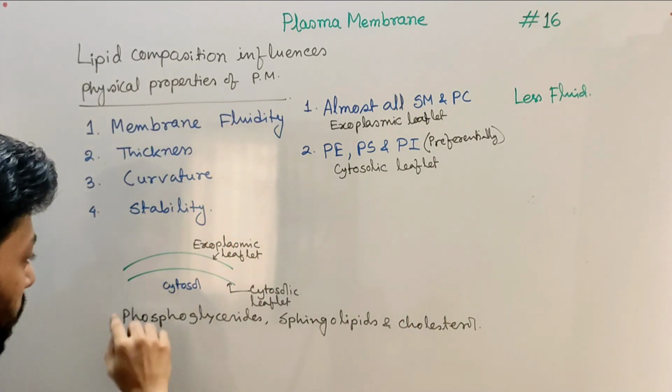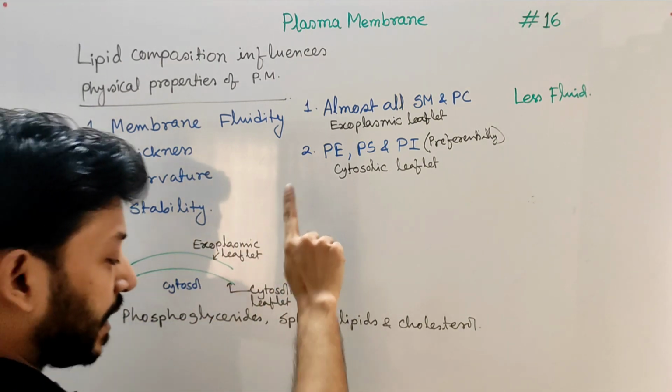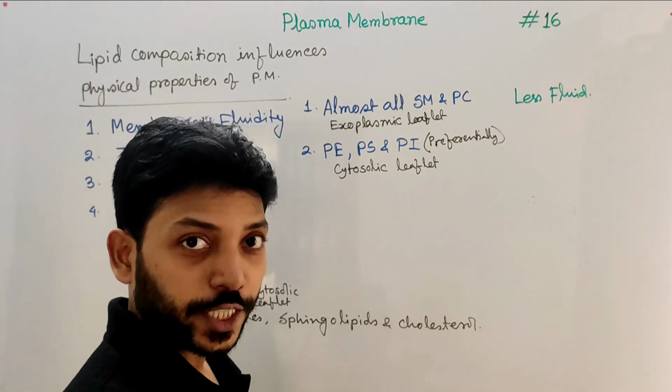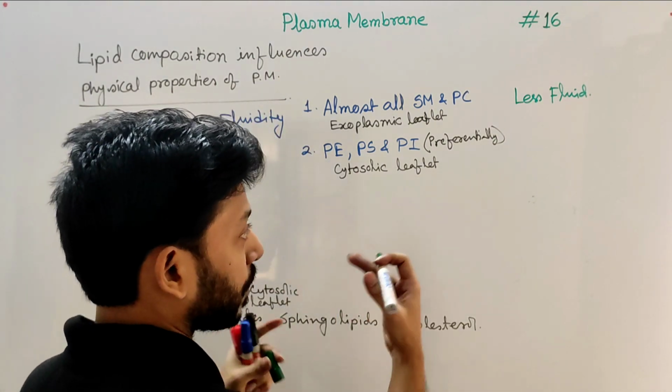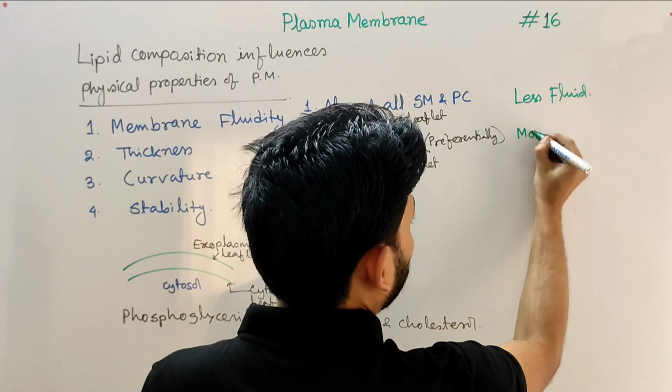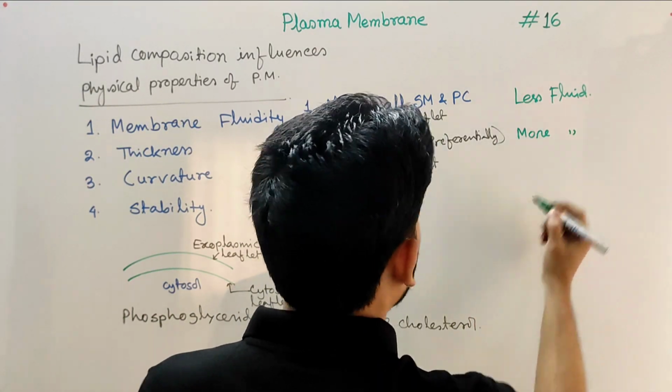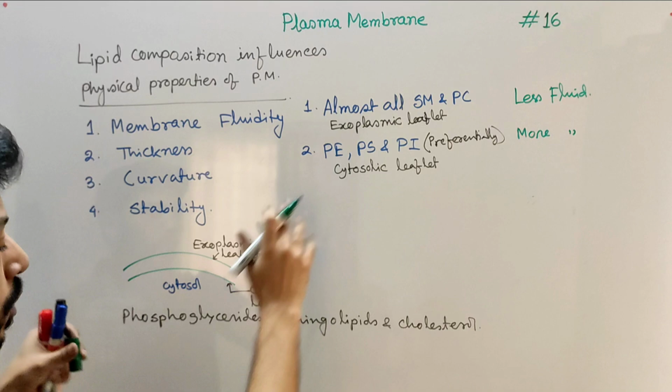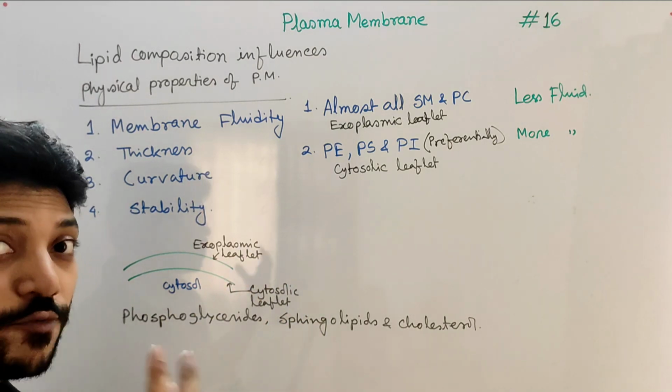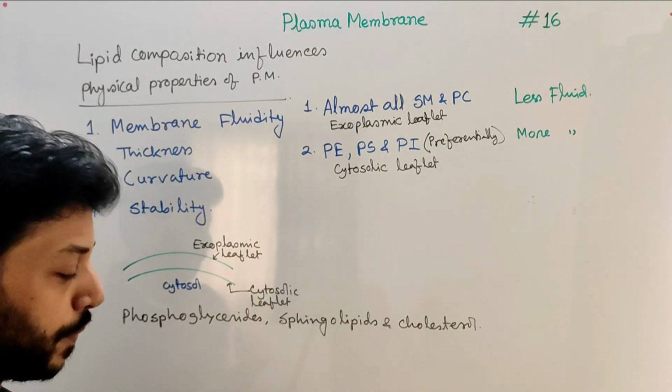And these kinds of lipid molecules make the membrane more fluid. So these are two different lipid compositions that can influence the fluidity of the membrane.